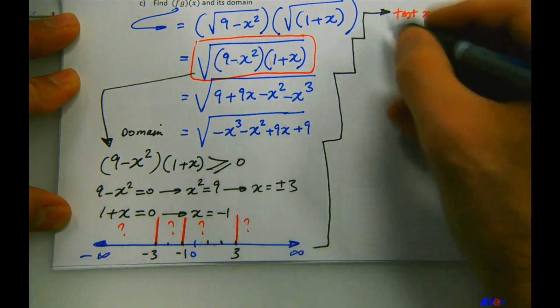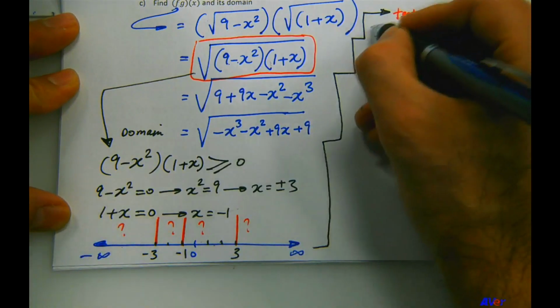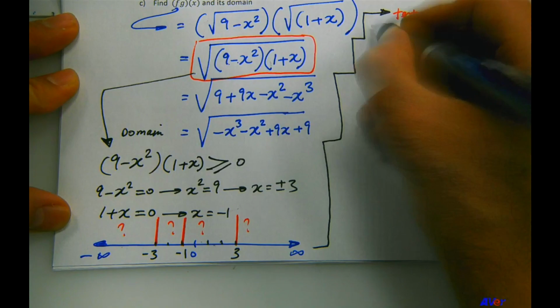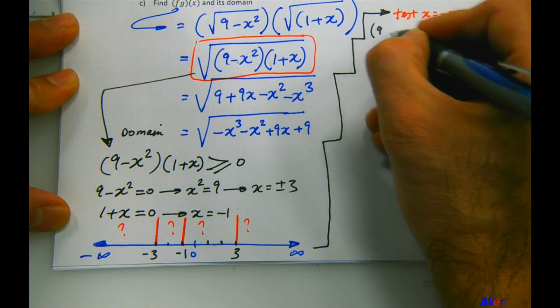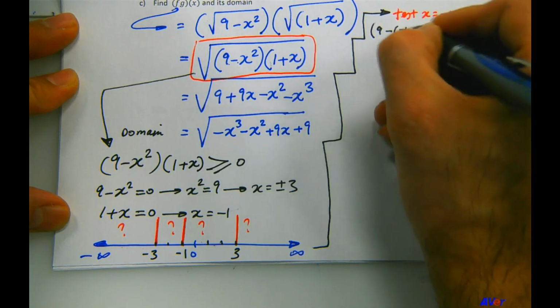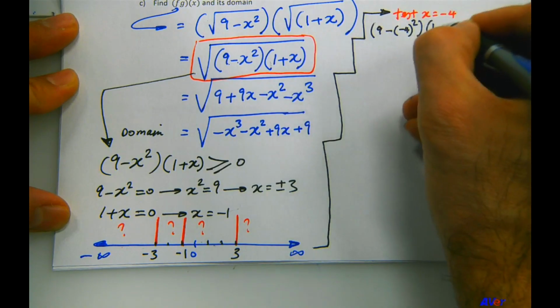So we have, well, let me write it down. It's better for you to have this, I was trying to save space here, but it's okay. So we have 9 minus -4 squared times 1 minus 4.